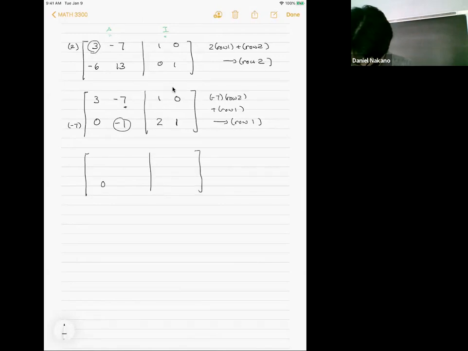I have 0, -1, 2, 1 still. And what do we get? We get 0 times -7 plus 3, that's going to be 3. The next one we get is 0. Then I get -14 plus 1, that's -13. And then I get -7.